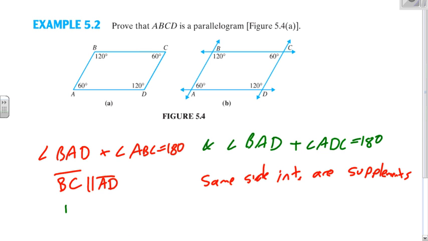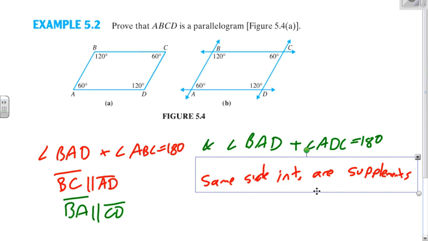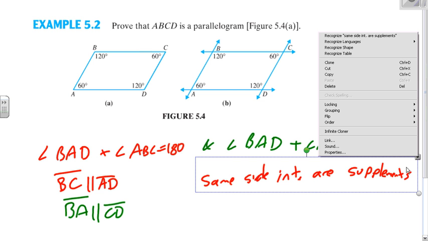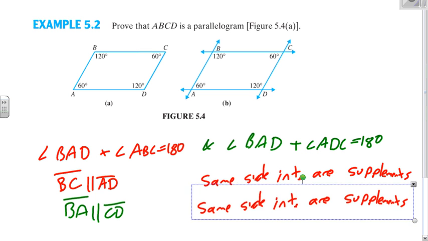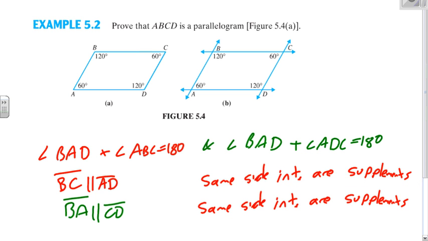So that means BA is parallel to CD because same side interior angles are supplementary again. But now we know that opposite sides are parallel, so it is a parallelogram.